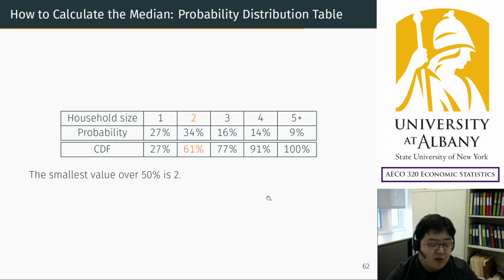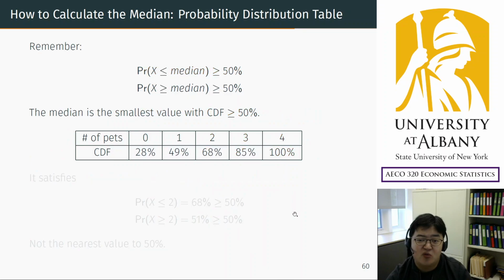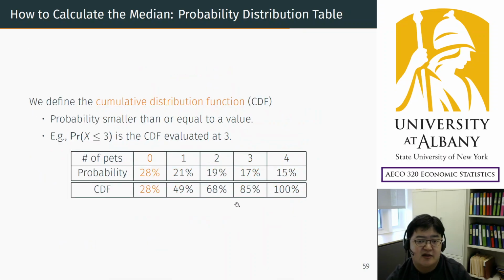And remember, when we learned how to calculate the mean, there were two different methods, depending on whether the information is in raw data or in a probability distribution table. You have to use two different methods. Similarly, for the median, you have to use two different ways to calculate it.